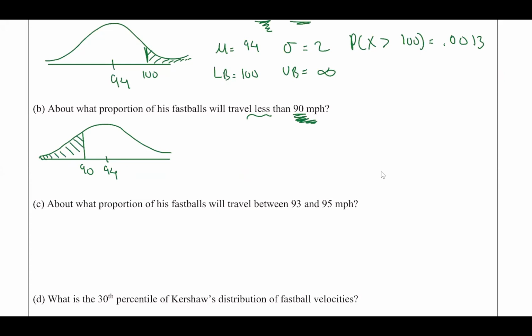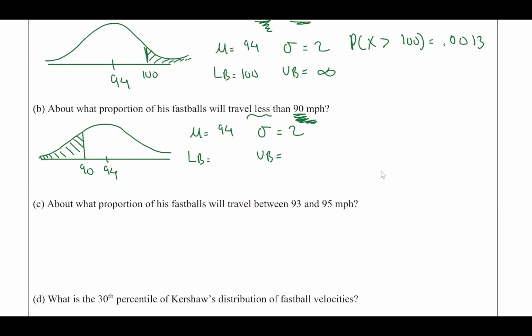All right, so let's go ahead and do this again. The mean and the standard deviation are gonna remain the same. The only things that change are my lower bound and my upper bound. So what should be my lower bound? 90? Negative infinity?